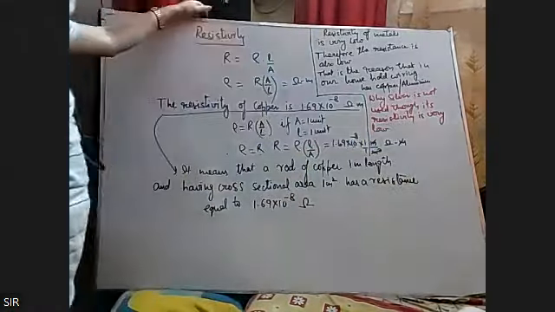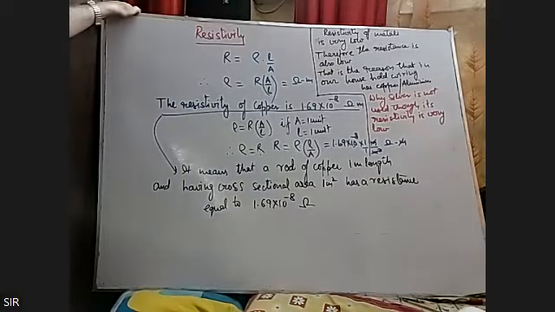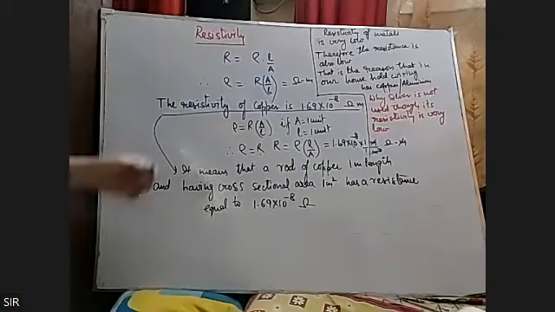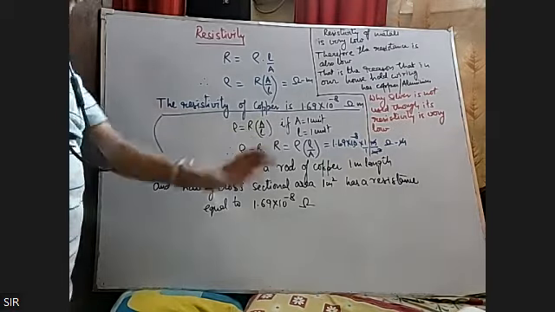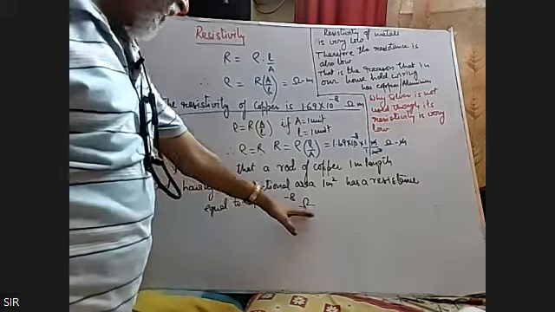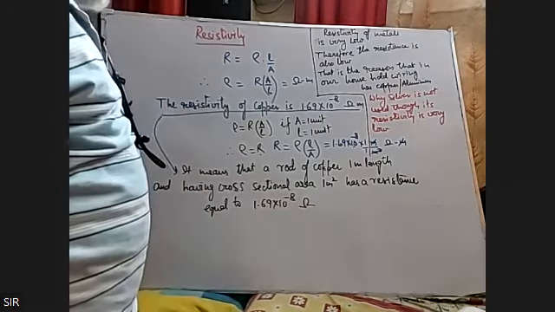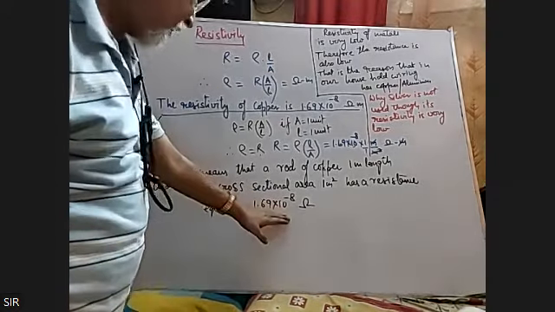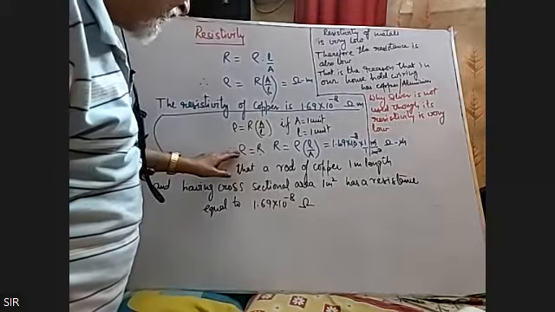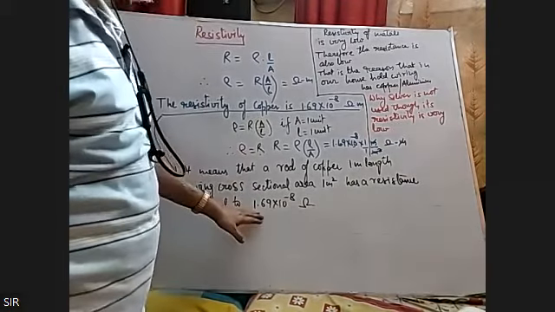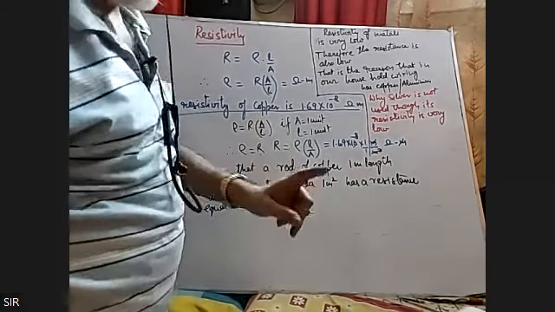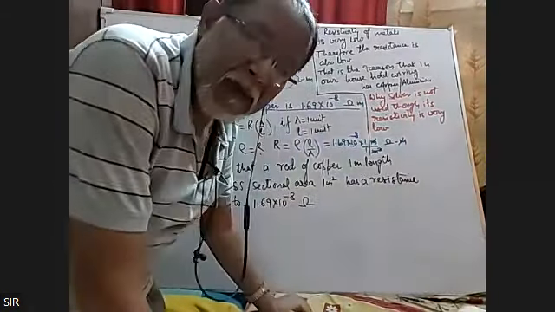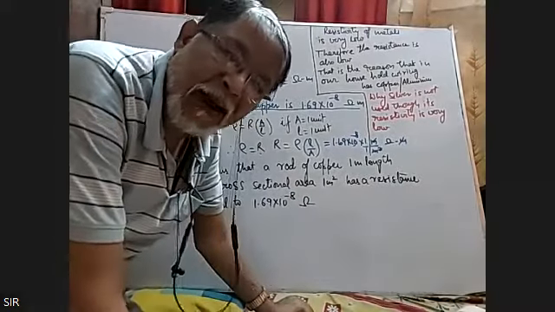So we get how much resistance of copper? Of a 1 meter long rod, and the cross sectional area of the rod is 1 meter square, then it has a resistance equal to 1.69 into 10 to the power minus 8 ohm. Can you see, if the resistivity is low, the resistance is also low? Clear? It has been found that among metals, the lowest resistivity is platinum.